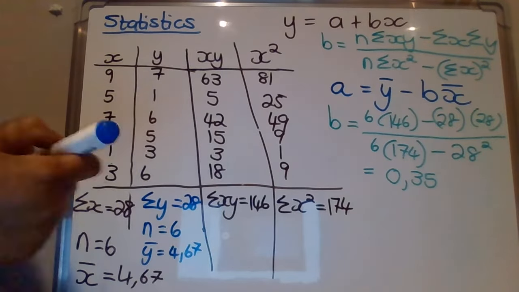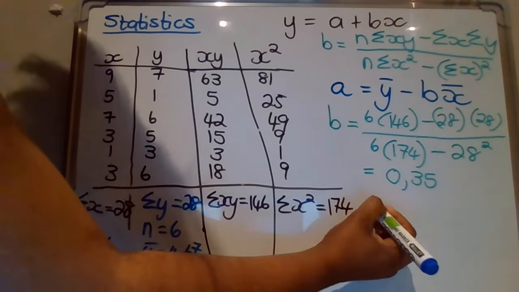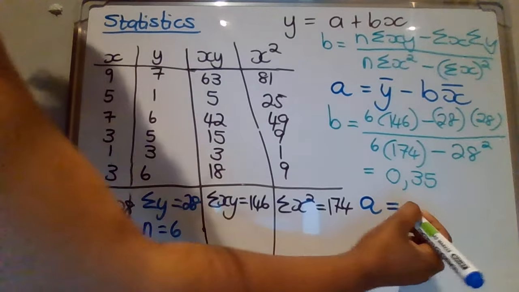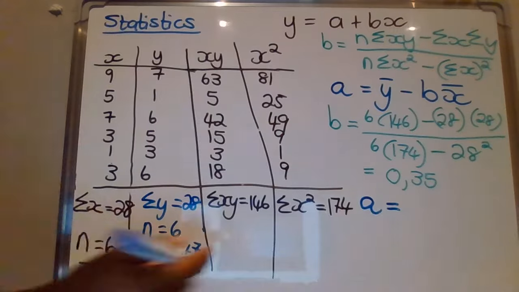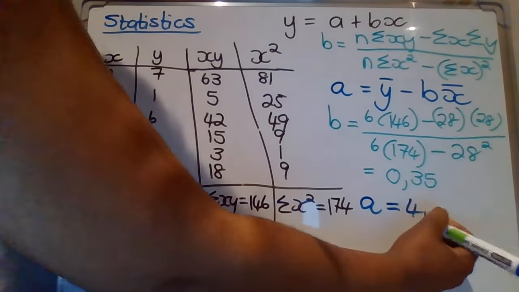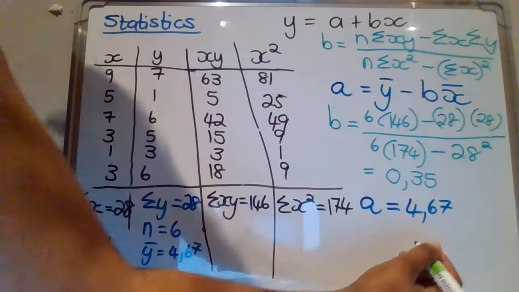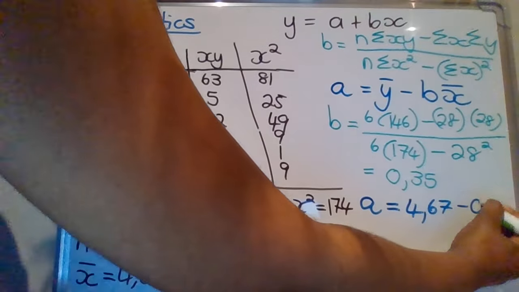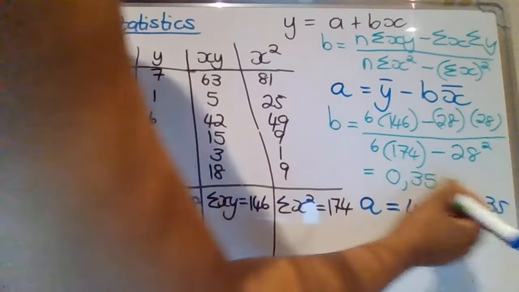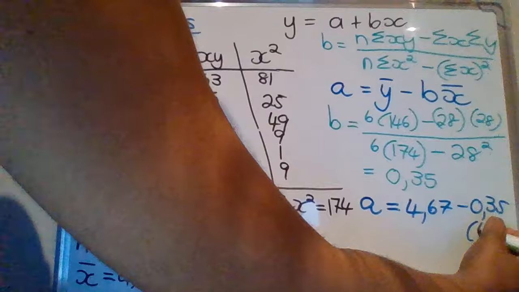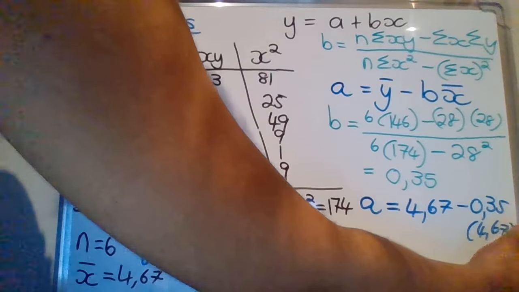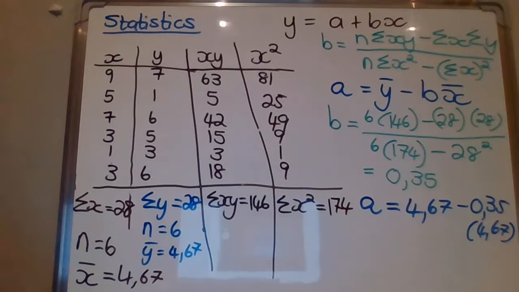So now how do I find my A? A is going to be equal to the mean of y, 4.67, minus 0.35, which is my B value, times 4.67, which is the mean of my x values.